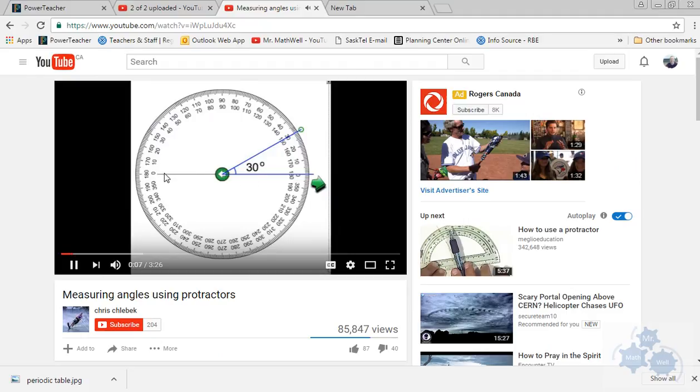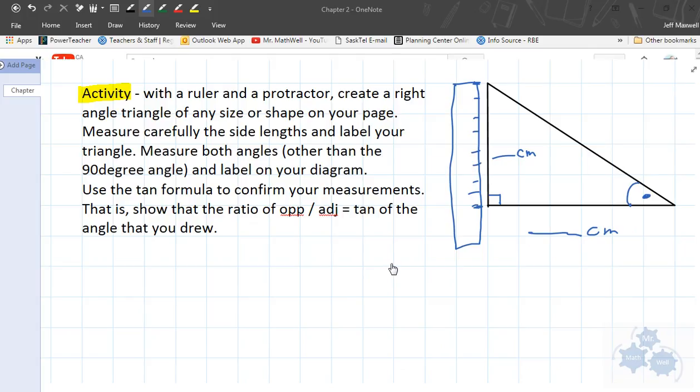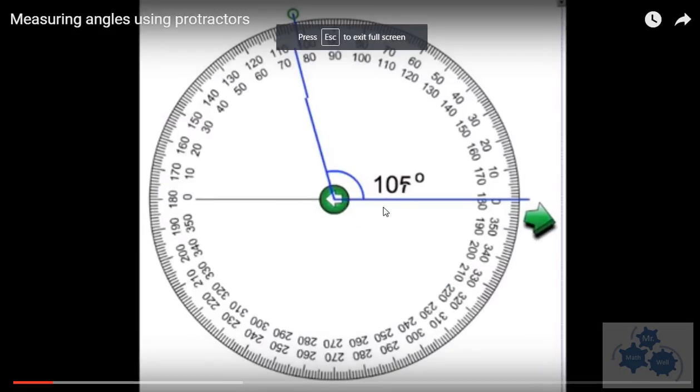This protractor is a bit different than yours, but you have half the protractor. What you need to do is line up the vertex right in the very center, and the horizontal line right along the 0. Then you look at where the other line comes up.